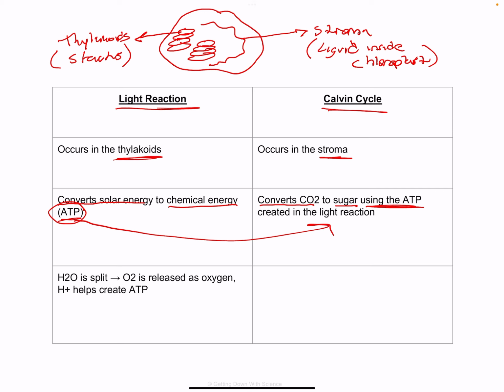Calvin cycle uses that ATP to take carbon dioxide and make it into a sugar. And do remember that sugar is C6H12O6, also known as glucose.